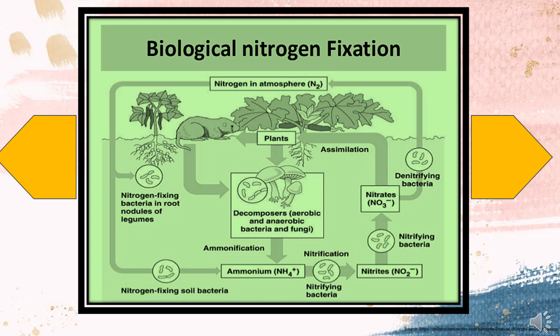And the non-symbiotic fixation of nitrogen is done by free-living nitrogen fixers, which include soil and water bacteria, blue-green algae, and yeast. The nitrogen-fixing aerobic bacteria, for example Azotobacter, and anaerobic bacteria, Clostridium, are distributed widely in soil, fresh water, and marine waters.